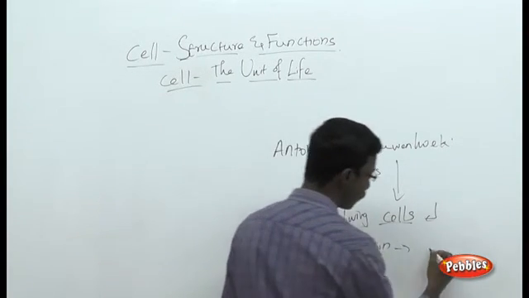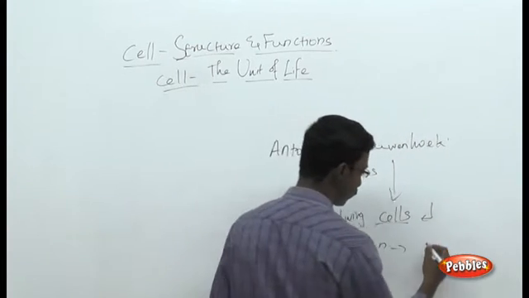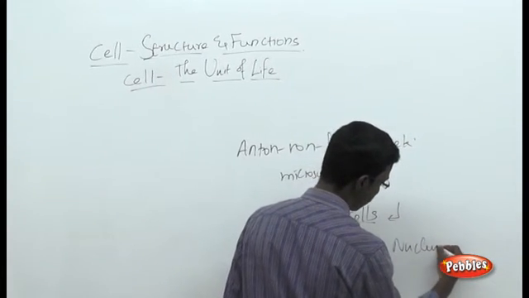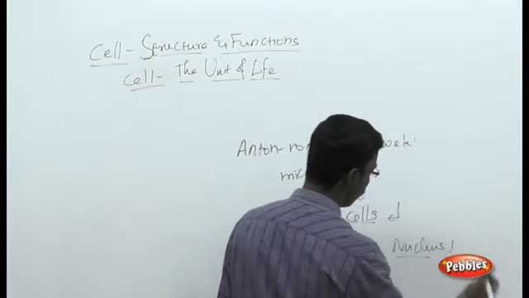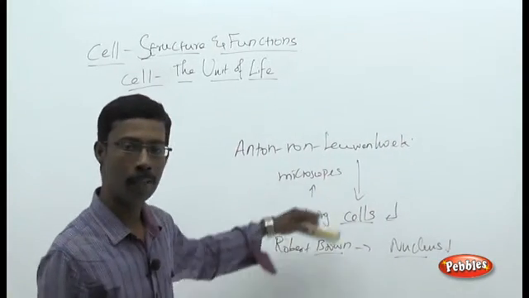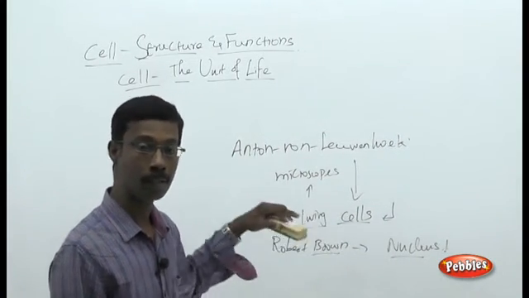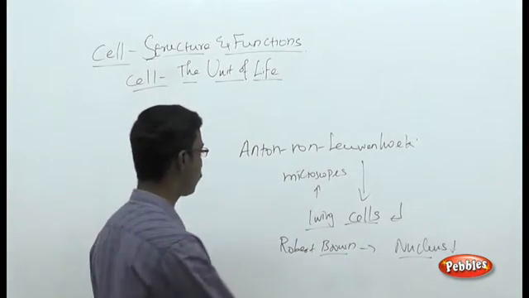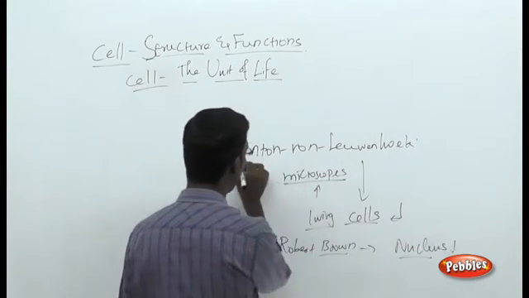He discovered the presence of the structure called the nucleus. These are the two major points you have to remember while we discuss the history. The first is the discovery of the microscope.